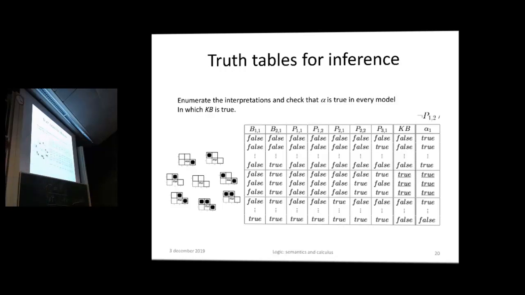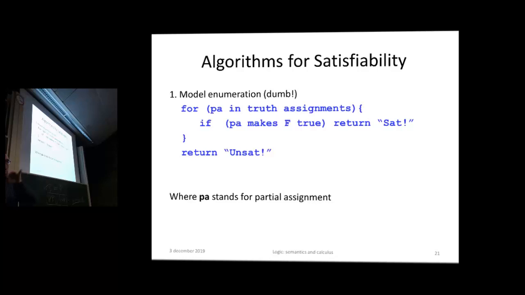The direct way is to just go through the table and show that in all your models the formula is true. That's what we did here. An alternative way is to use this trick and reduce things to satisfiability and unsatisfiability. So from now we make the step from entailment to satisfiability. And trust me, the one can be reduced to the other, so they both have the same purpose.